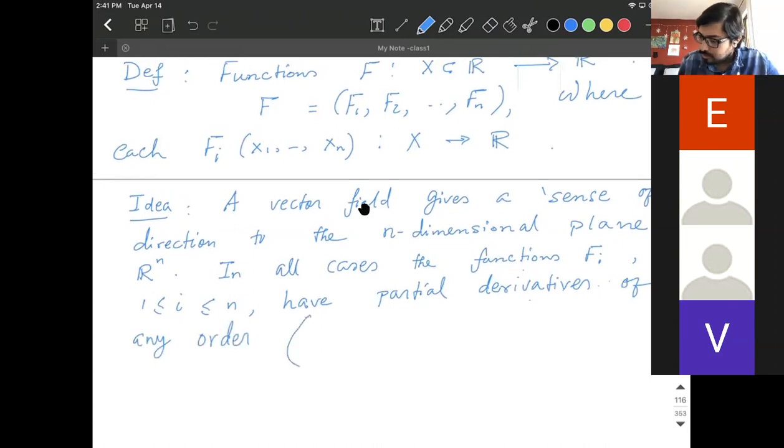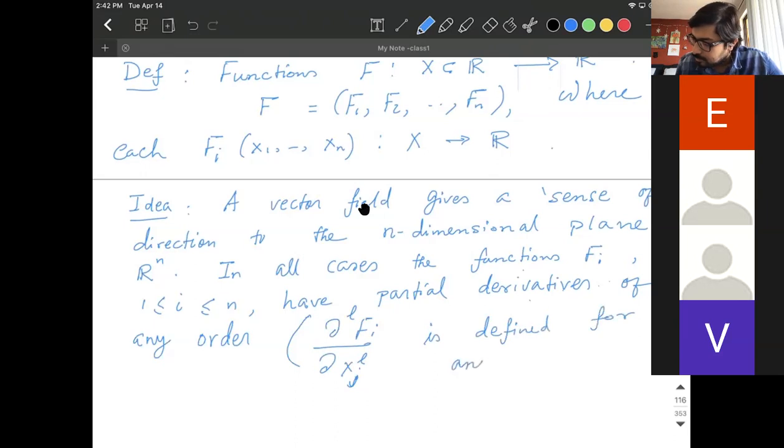Or in other words, this ∂^l f_i / ∂x_j^l is defined for any l greater than or equal to 1.